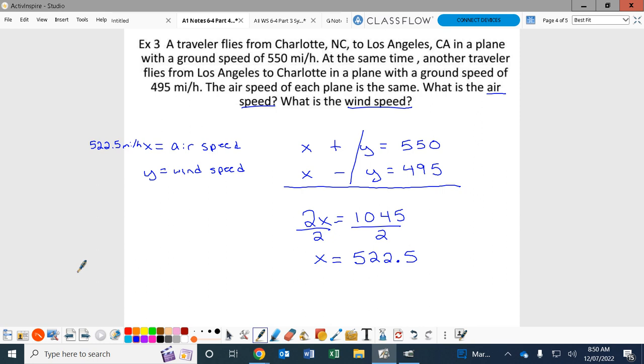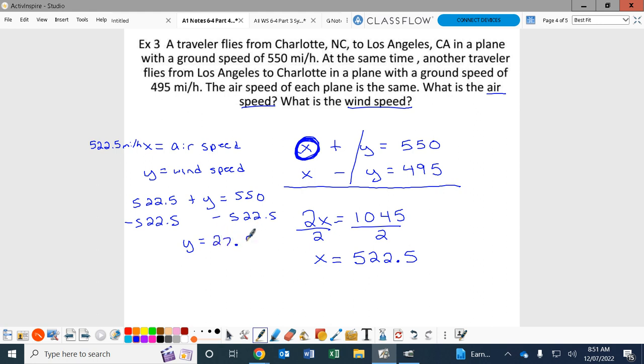Okay, plug it back in. You get 522.5. We're plugging in where the x is in this equation. Plus y equals 550 minus 522.5, and y equals 27.5.